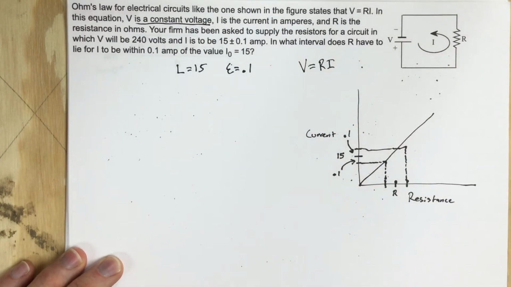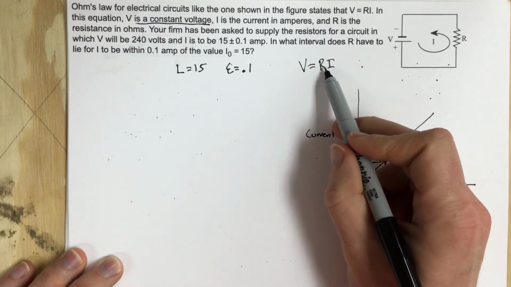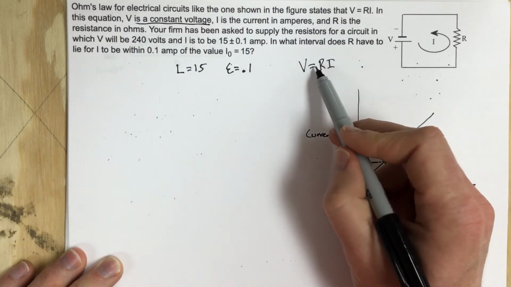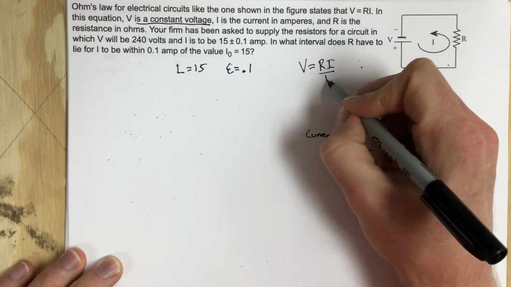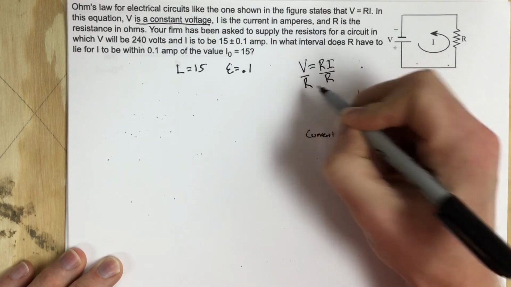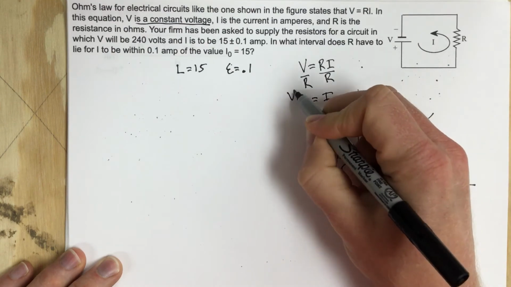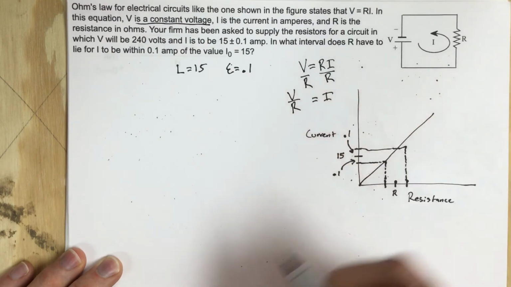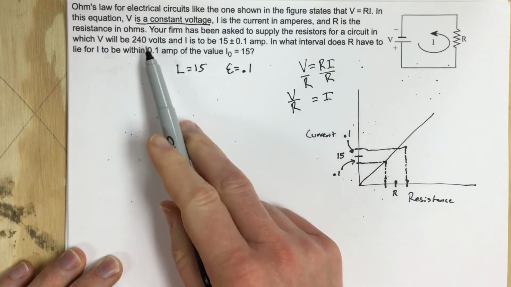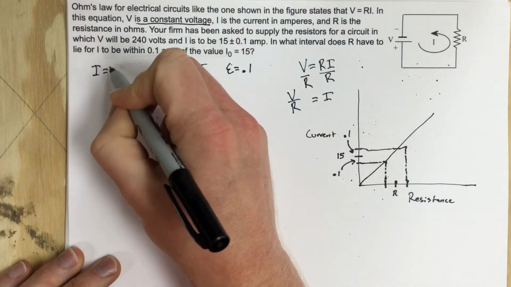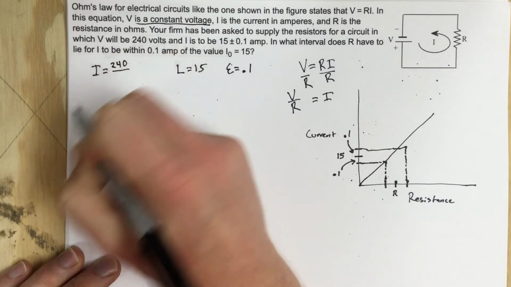We want to make sure that we rearrange this so that it's I equals V over R. So we're going to divide by R on each side, and that's going to give us I equals V over R. But remember, V in this problem is 240. So our function is going to be I equals 240 over R.